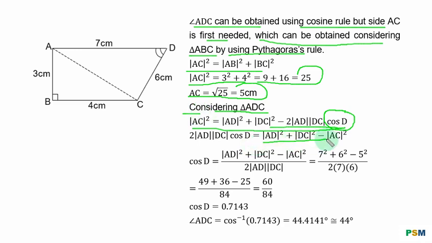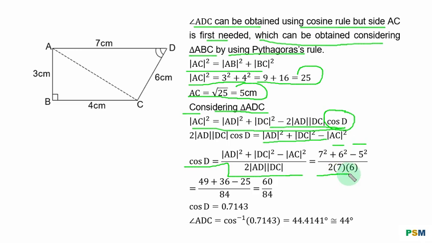You divide both sides by the coefficient of cos D. You have it in this form. AD is 7. You have 7 square plus DC, that is 6. You have 6 square minus AC, which is 5. You have 5 square over 2 times AD times DC.